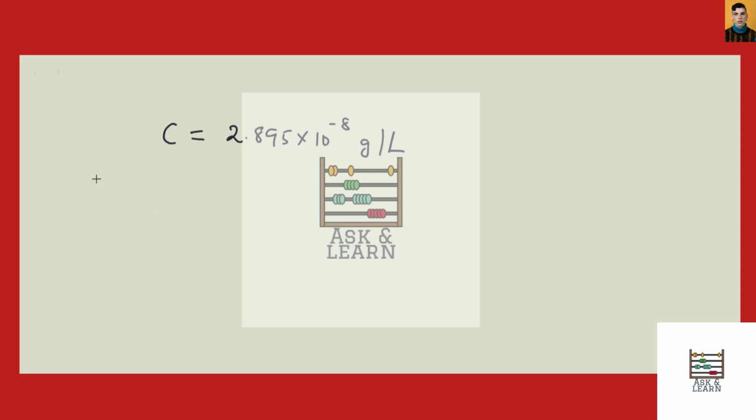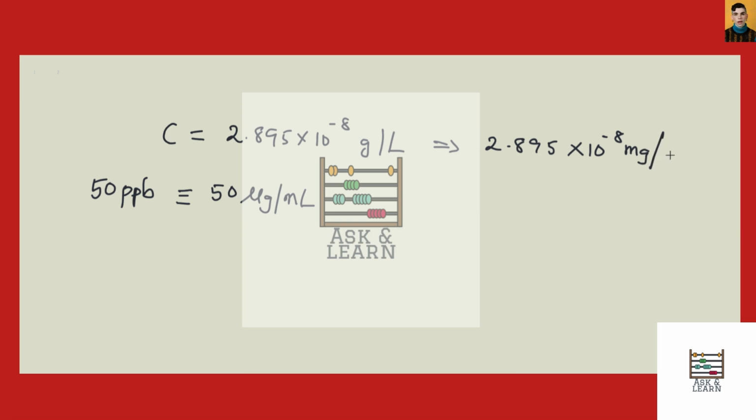If we look at it, 50 ppb is equivalent to 50 microgram per milliliter, and this is equivalent to 2.895 times 10 raised to the power minus 8 milligram per milliliter.